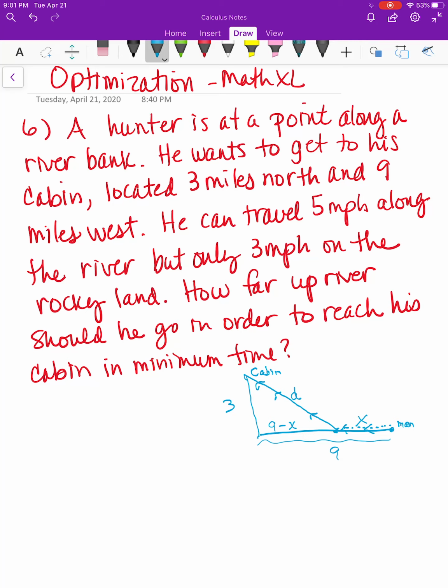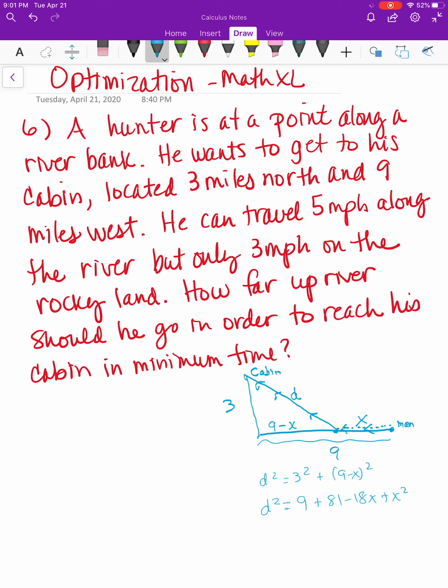And I'm going to call this D, and that's the distance along the rocky land to get to his cabin. So he's basically moving this way to a certain point here, and then he starts moving this way to get to his cabin. We want to minimize time.